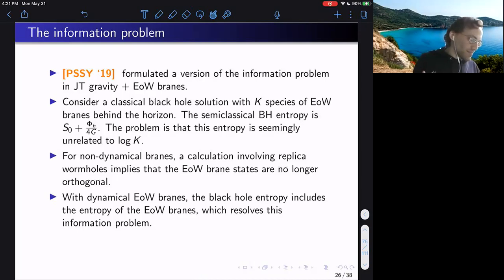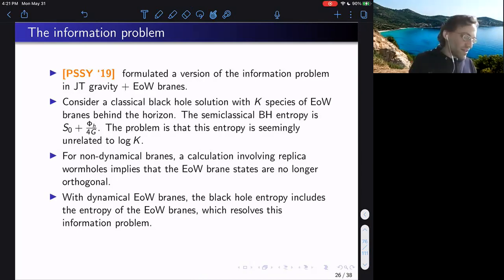So in other words, when K goes past this critical point that I showed on that plot, the entropy of the black hole is just increasing, and so it will always be large enough to account for K orthogonal end-of-the-world brane states that have been integrated out and affect the semi-classical action. And so I would say that this is another way, at least technically, how this information problem could be resolved.